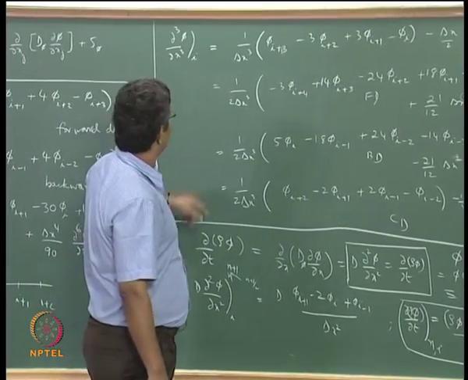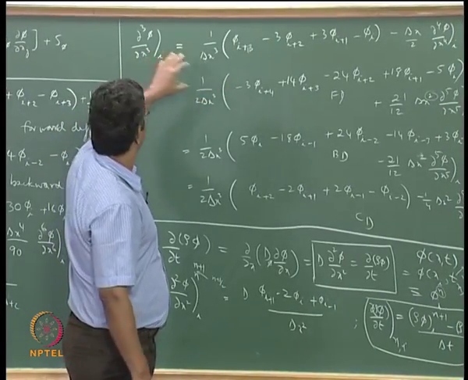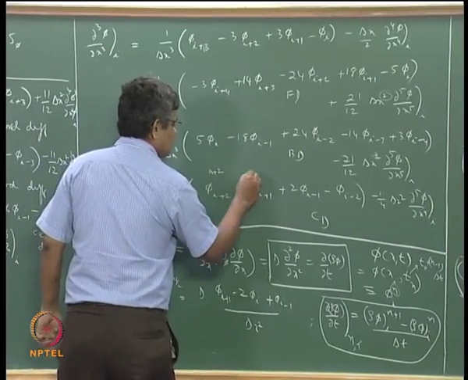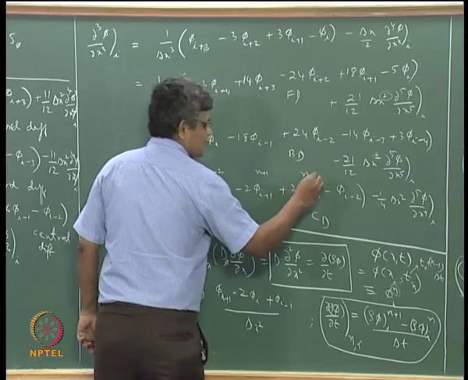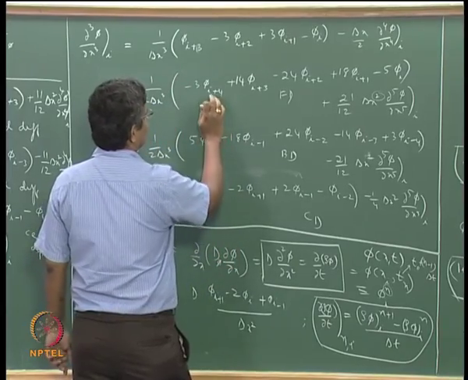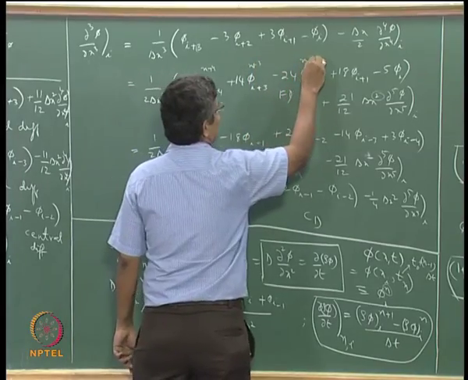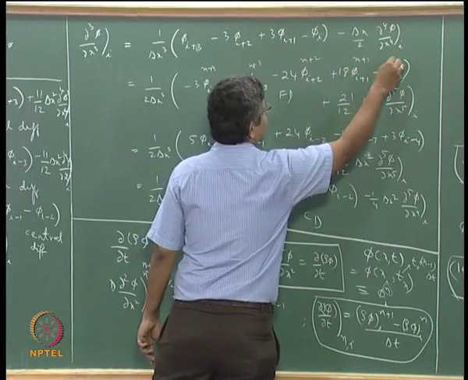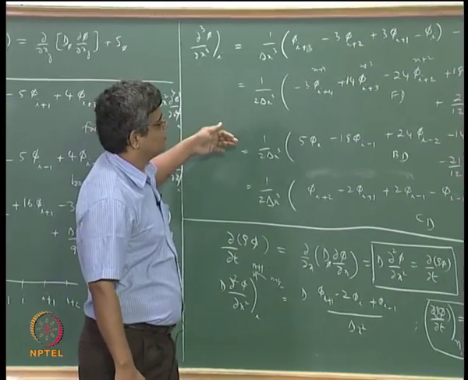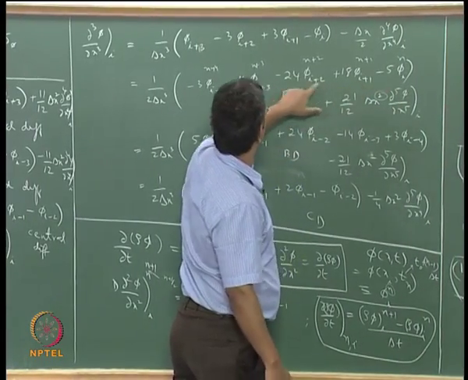So if you are writing similarly an expression for the time derivative, then we need to store the values at n plus 4, n plus 3, n plus 2, n plus 1 and n. That means we need to have the field values not only at n and maybe n plus 1, but also at so many points.